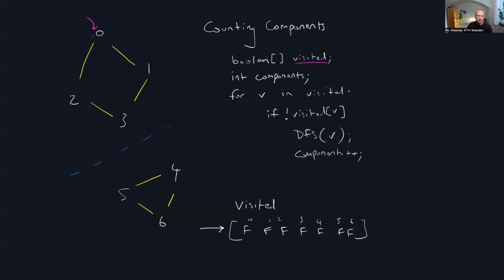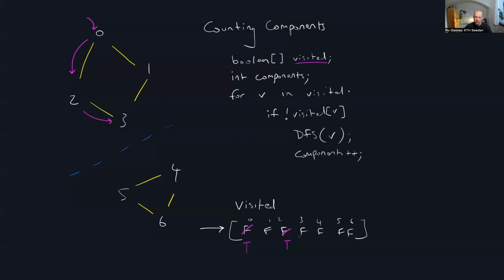If we start at 0, using depth first search, then we mark that as true. Then we can go either way, it doesn't really matter. So let's go to 2, mark it as true. And then we see we have already visited 0, so we only have 3 as a neighbor to visit.